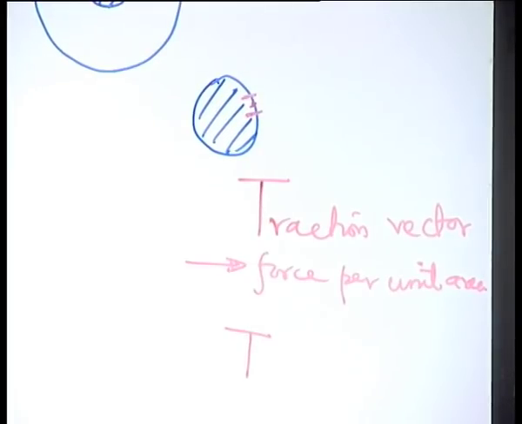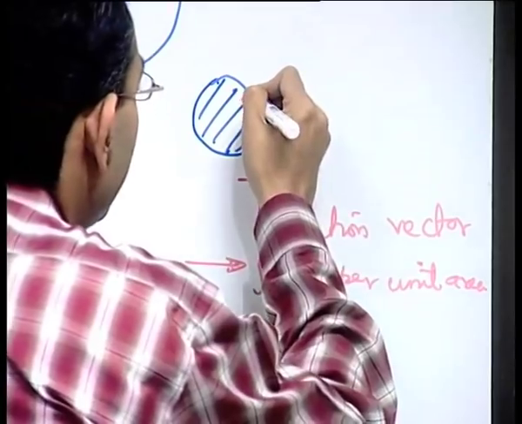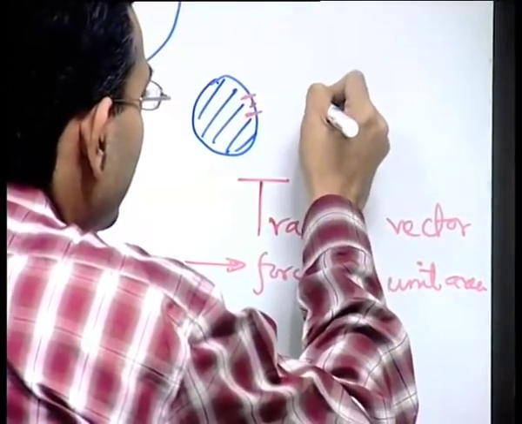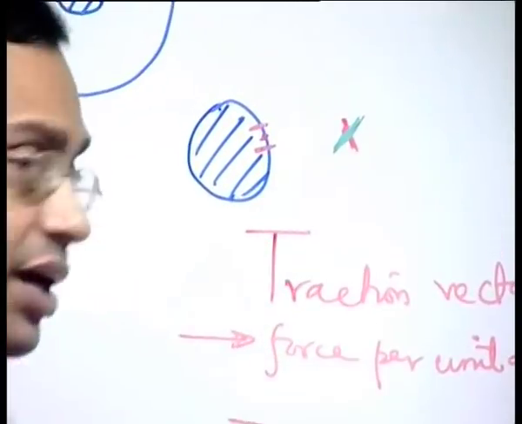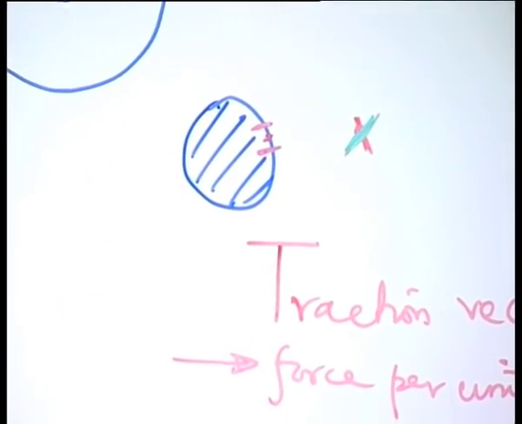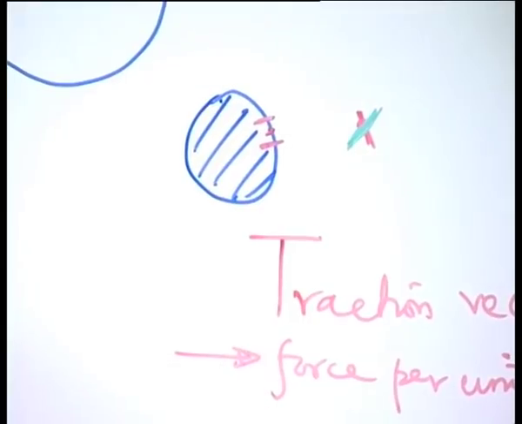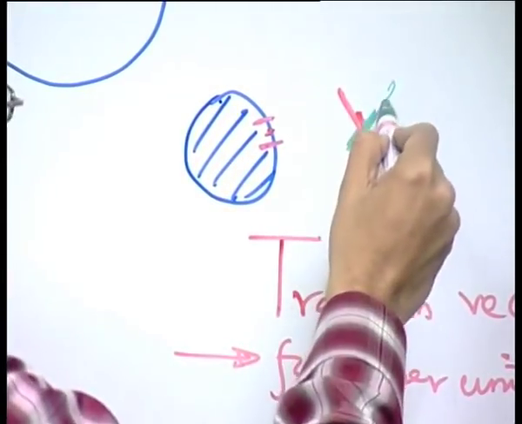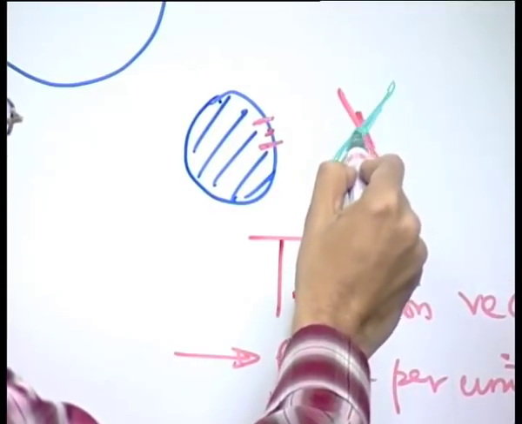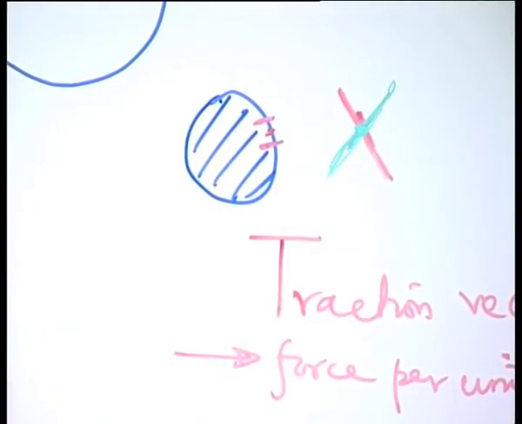So, if the area is chosen in this way and at the same point the area is chosen in a different way, then because of the change in orientation of the area, both considering the same point, you will see that the force will change.